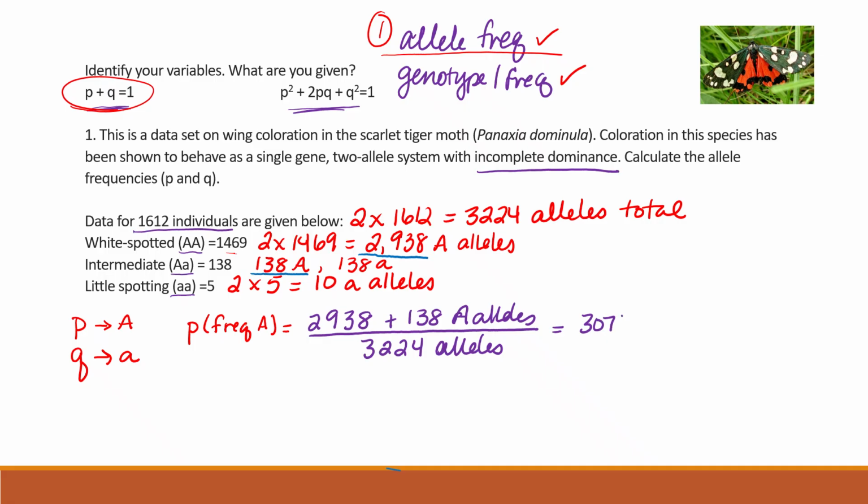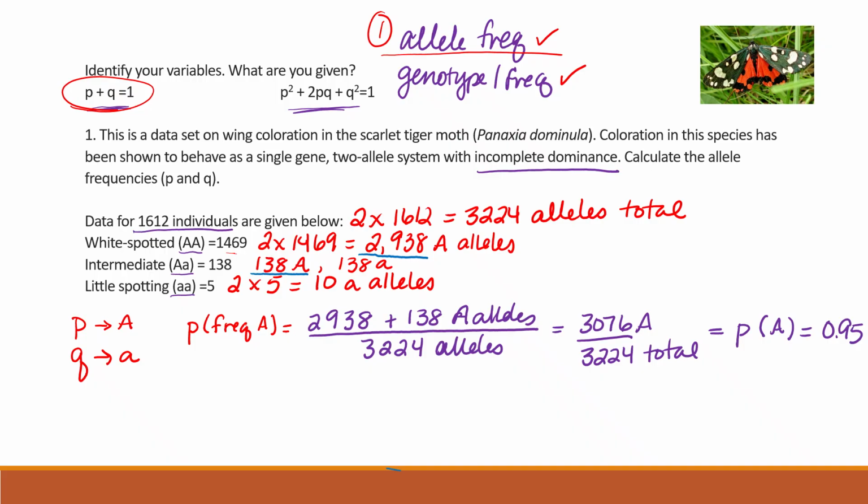So this is 3,076 big A alleles divided by 3,224 total gives us the frequency of the big A allele as 0.95.